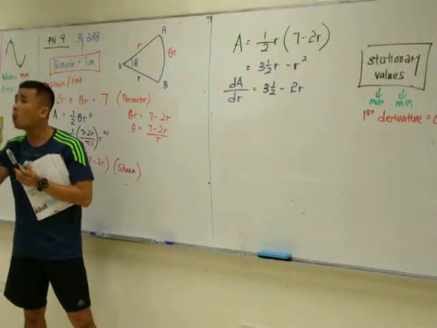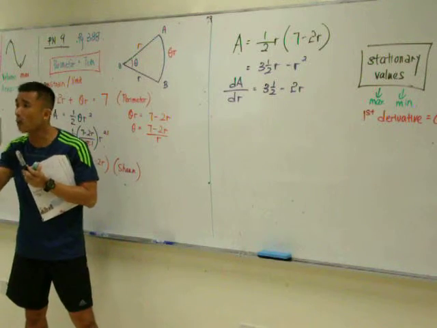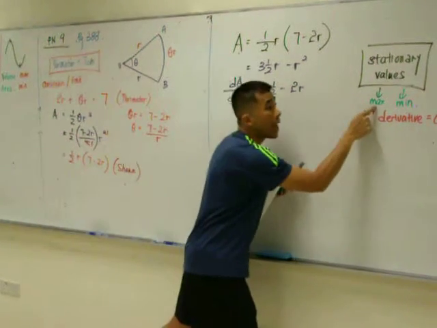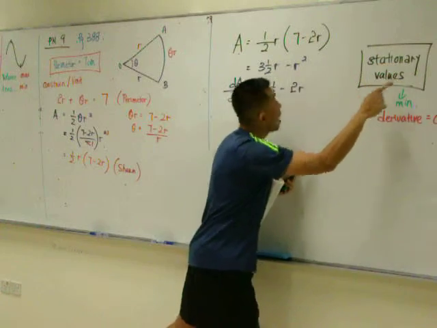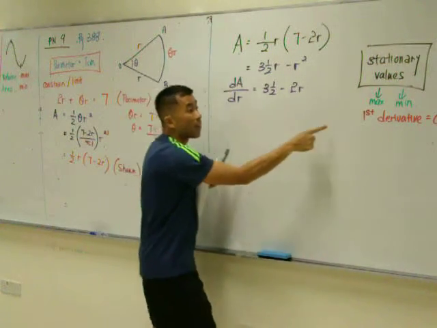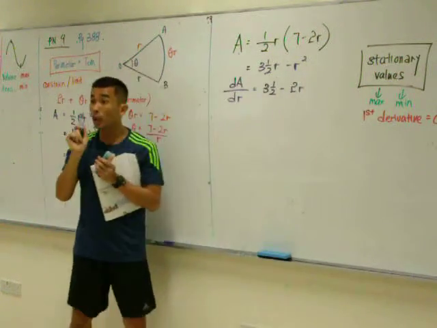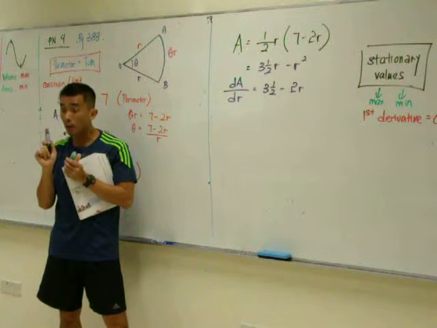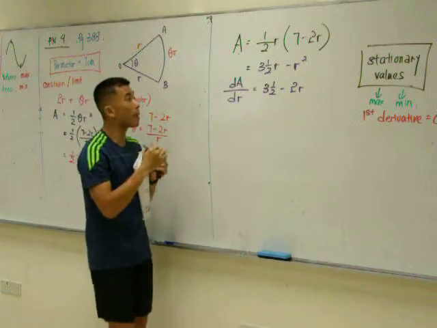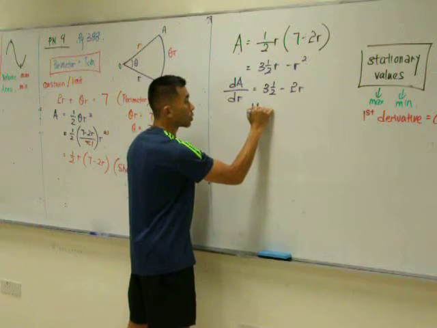Now, remember, we are looking at stationary value. In this case, it's maximum value, maximum area. The first derivative will be equal to 0. Am I right? Okay, so now let me equate my first derivative to be equal to 0.